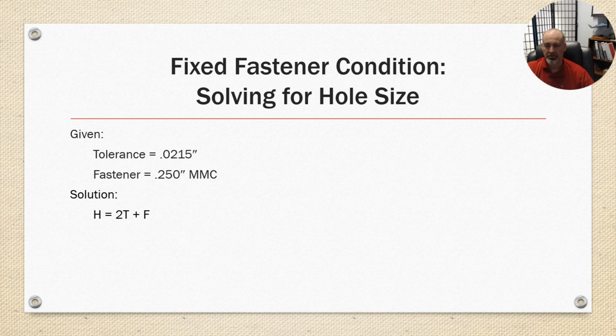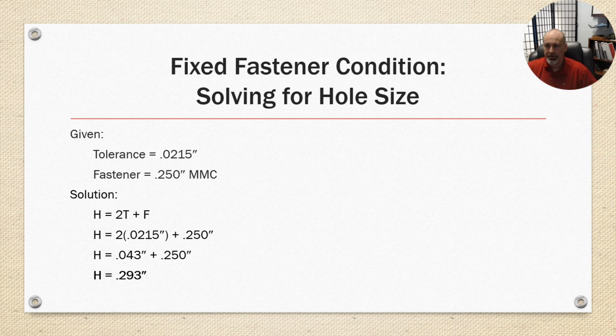And our solution is H equals 2 times T plus F. So we're going to go 2 times 21.5 thousandths, and then we're going to add a quarter of an inch to it, 0.25 or 250 thousandths of an inch. H equals 43 thousandths plus the quarter inch, which gives us a basic hole size of 293 thousandths.